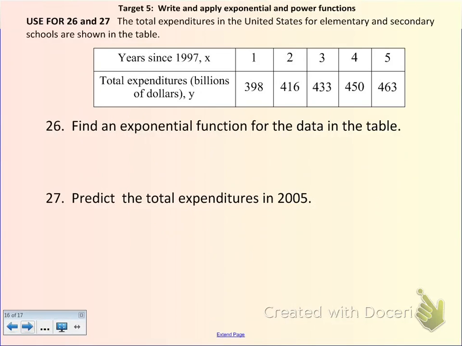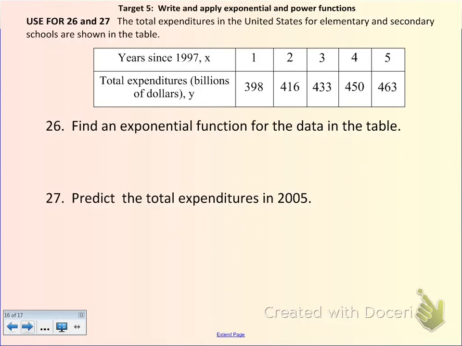Okay, a couple problems left and then we're done. Find an exponential function of the data in the table. Here we're told that the total expenditures in the United States for elementary and secondary schools are shown in the table. That means how much do we spend on elementary and secondary schools. So years since 1997 is our x value, and the total money spent is our y in billions of dollars. So we input this into our stat edit table.